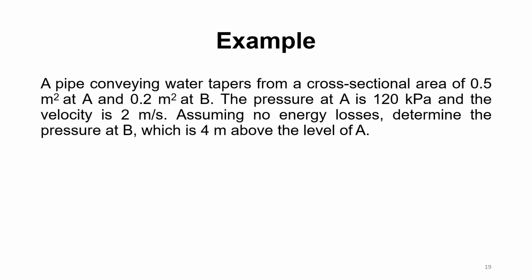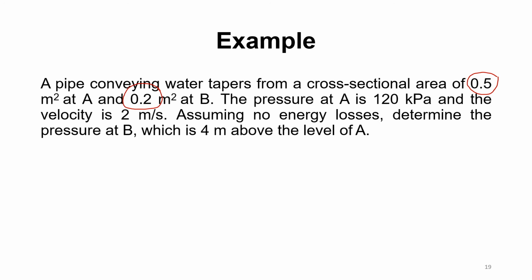Okay, let's go through the examples for problem solving related to conservation of energy and also the Bernoulli equation. So here we have a pipe conveying water that tapers from a cross-sectional area. The area is given by 0.5 meter square at point A, and we have a different area at point B, which is a narrowing pipe.